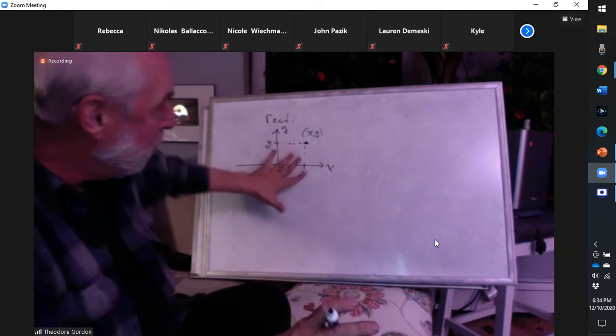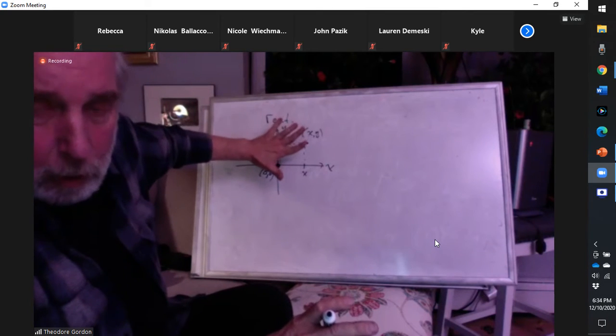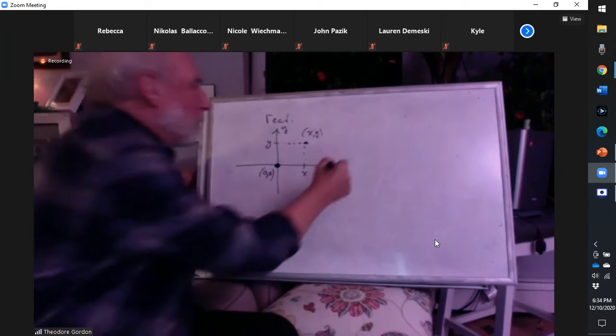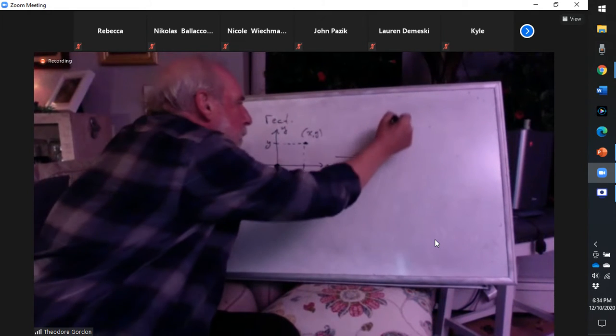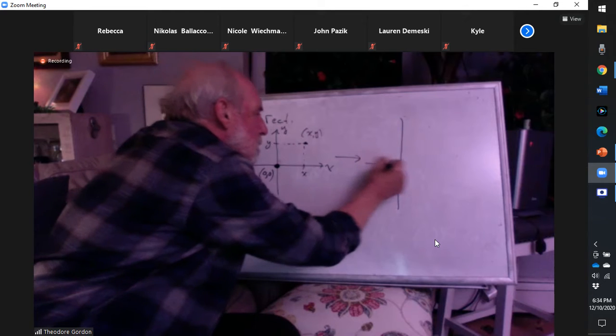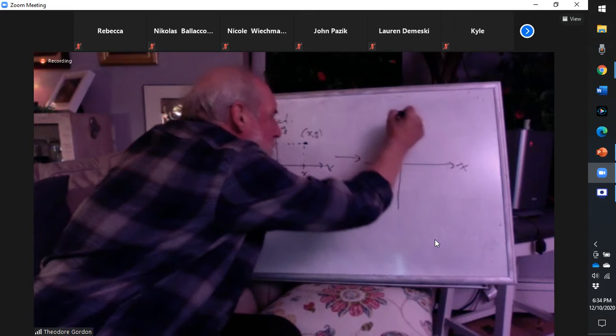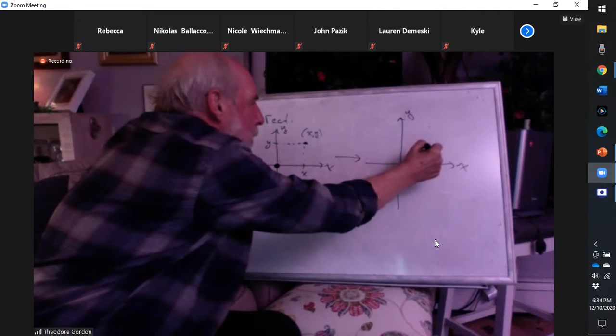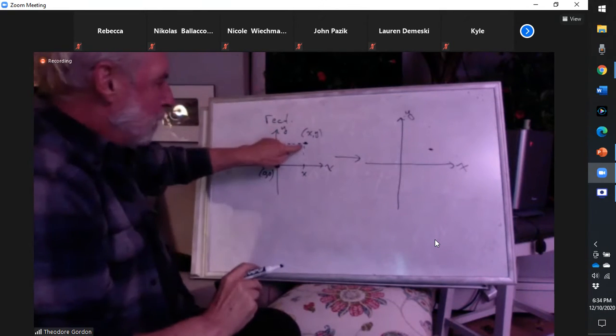Now we're going to keep the XY grid, but we're going to redo how we define what these points are. So over here, I'm going to put the same location.